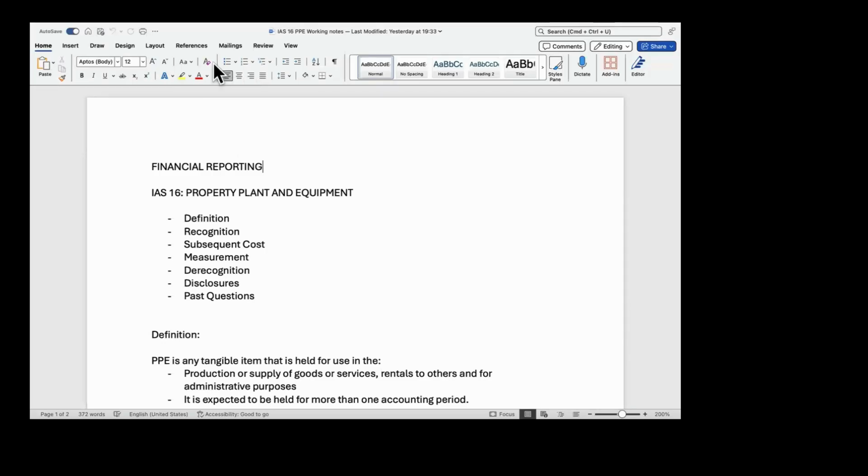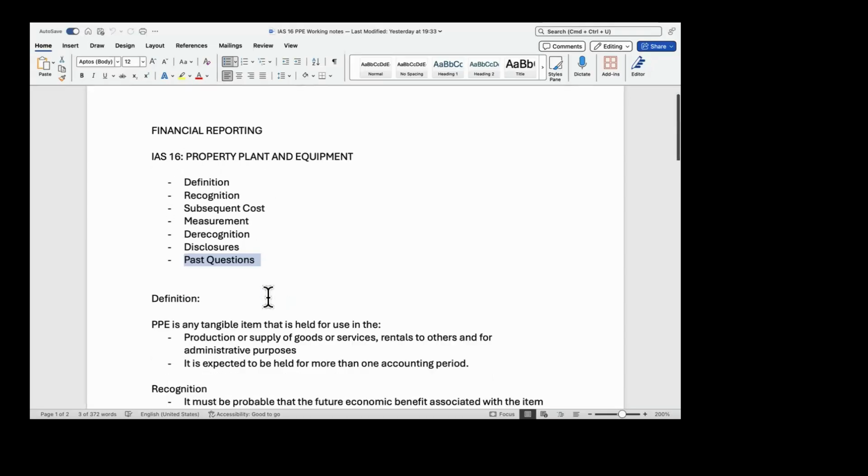I told you that what we'll be looking at in the standard are the definition of PPE, recognition of PPE, subsequent costs, measurements, derecognition, disclosures, and we'll solve questions. So today, my main focus is to explain all the principles relating to this standard, and hopefully we start solving questions today. Next week, Saturday, we're going to round up on this standard.